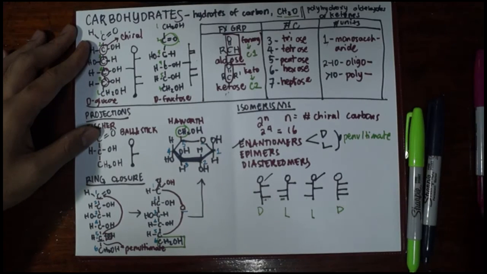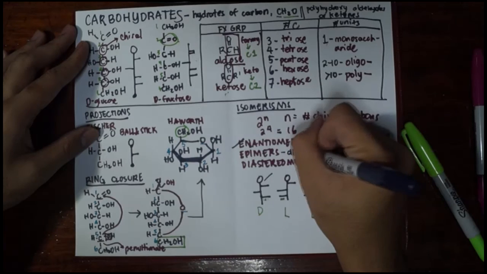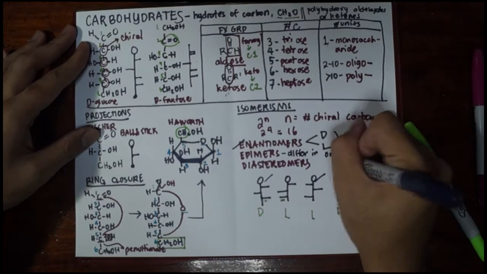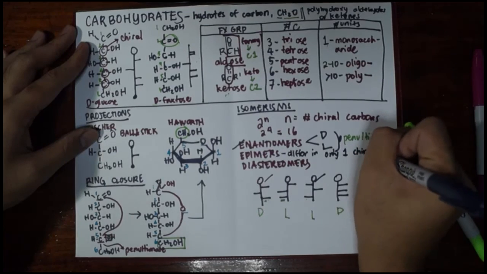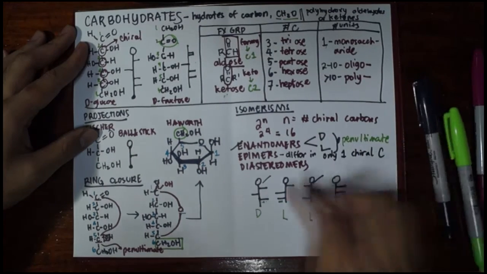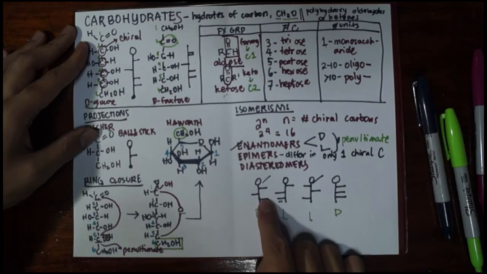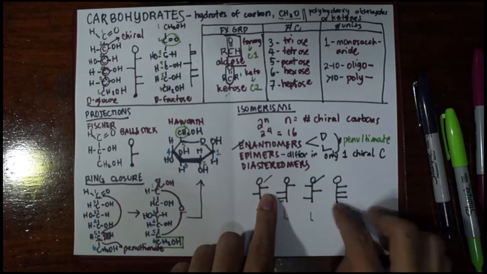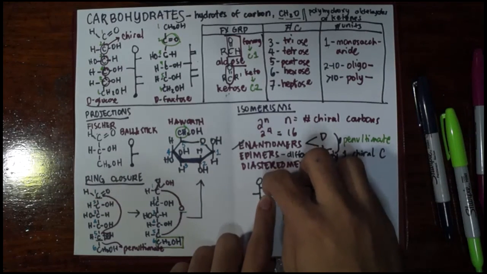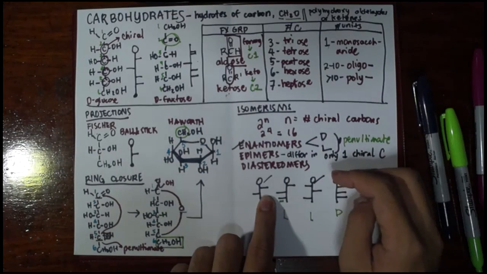How about epimers? Epimers are those which differ in only one chiral carbon. For example, I have here right, left, right. If any of this changes except the penultimate, then that's an epimer. So for example, this is right, left. If this becomes left, left, or right, right, meaning there's a change in any of the two, that's epimerism.